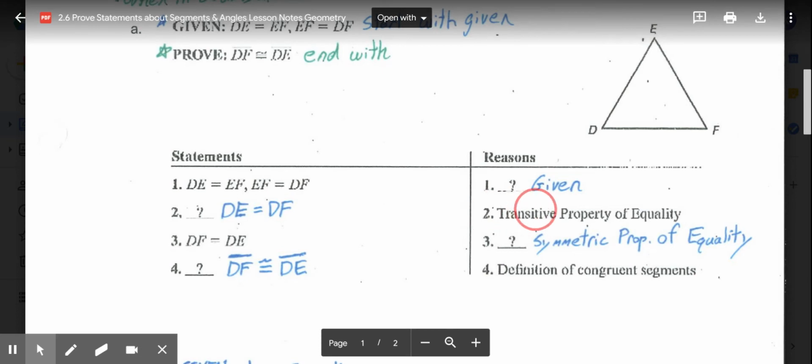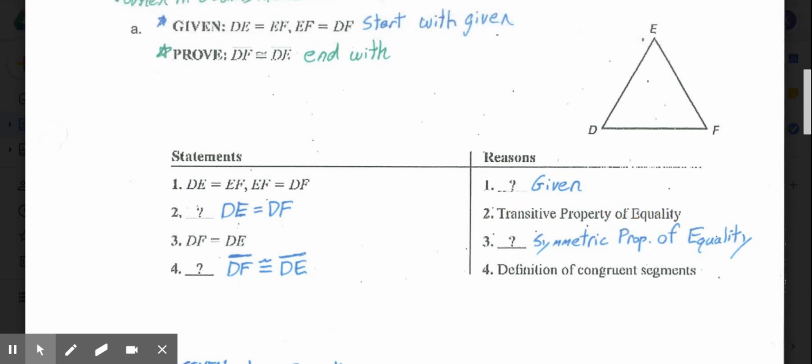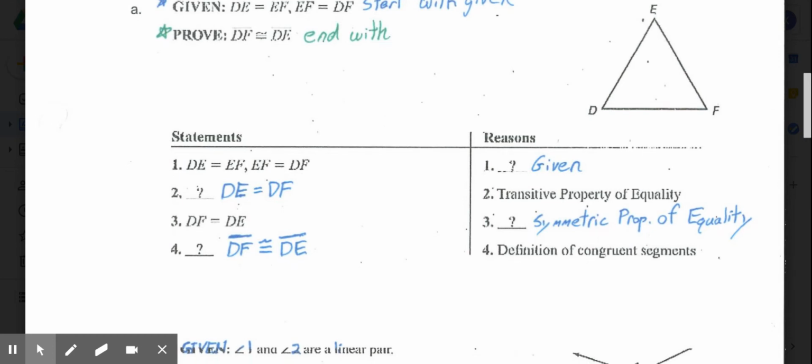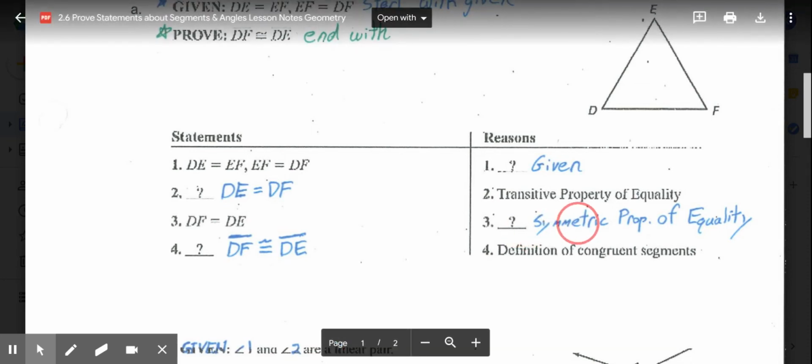So the reasoning was the transitive property of equality. If DE equals DF, in step 3, they just flipped it and said DF equals DE. If we look back to our last lesson, what allows us to flip what's on opposite sides of the equals is the symmetric property of equality.